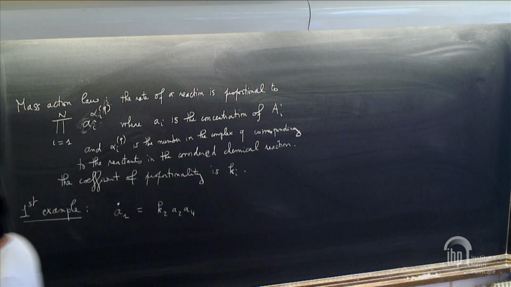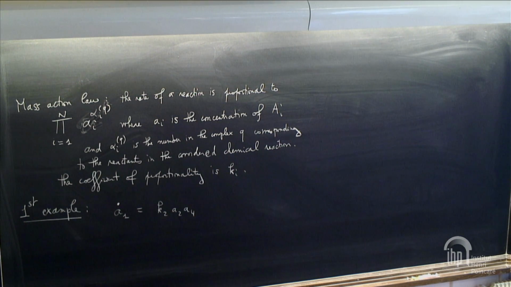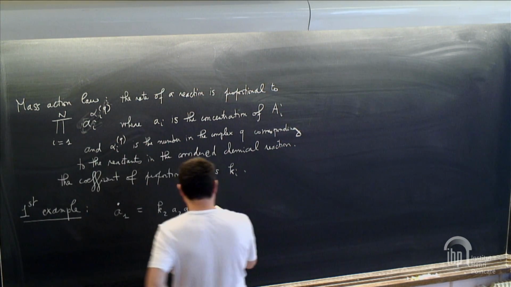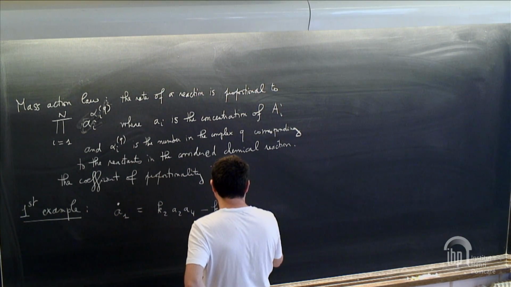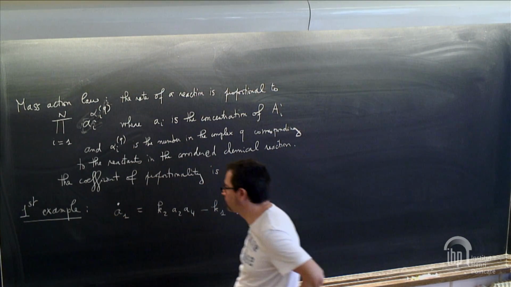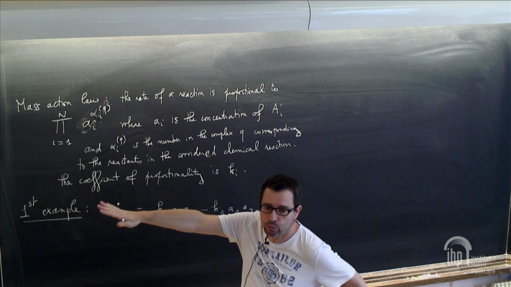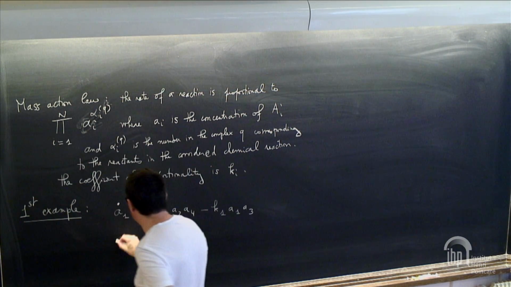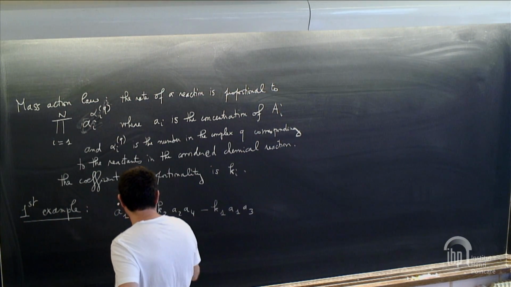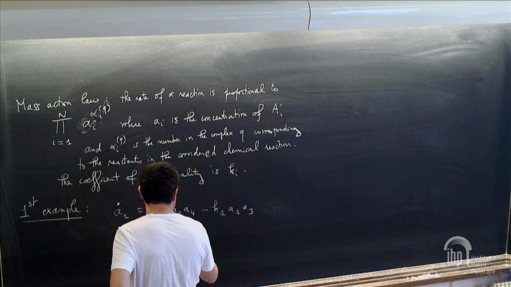But you can also destroy A1 because of the reaction which transfers A1 and A3 to A2 and A4. So you have to remove minus K1, A1, A3. Okay? And of course, A3 is completely exchangeable with A1, so you will get exactly the same ODE, so like this.